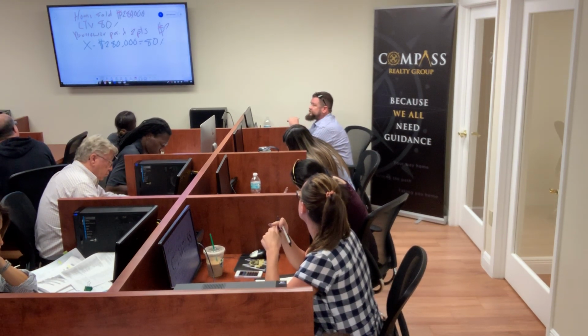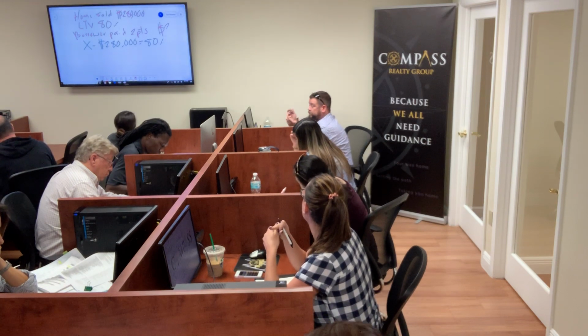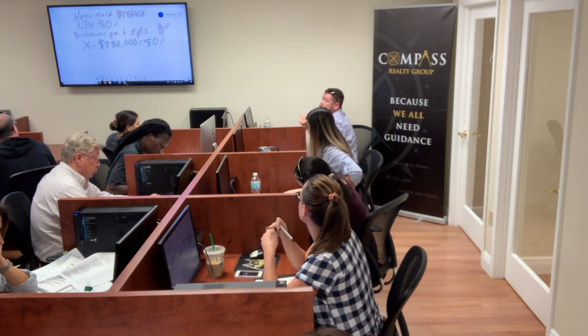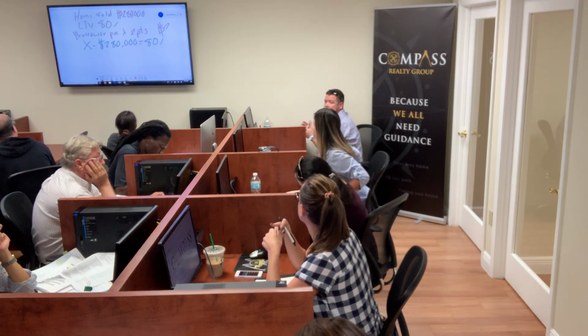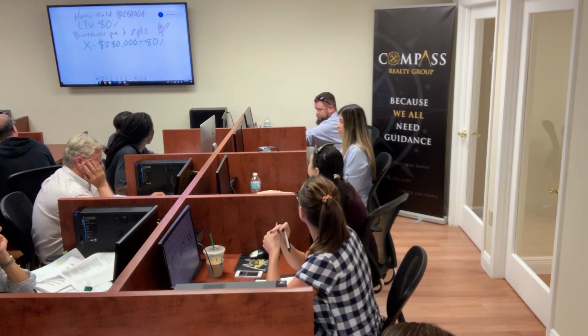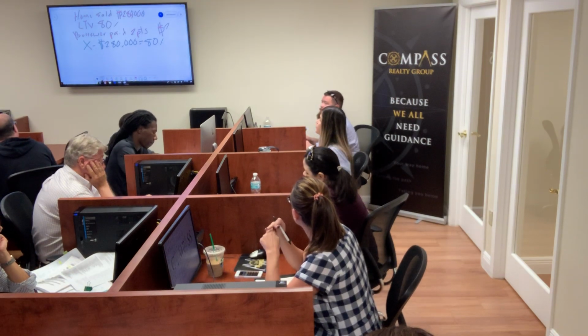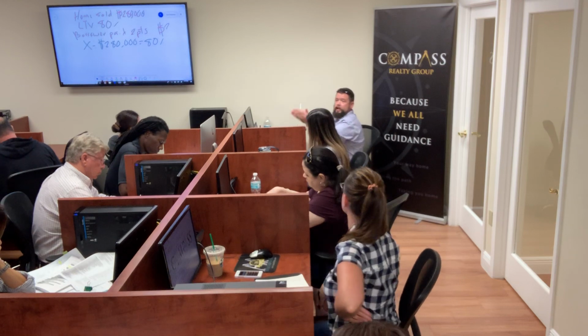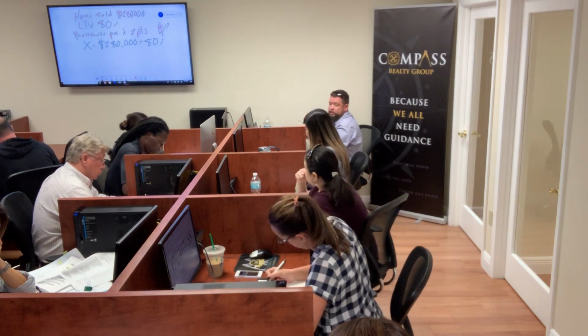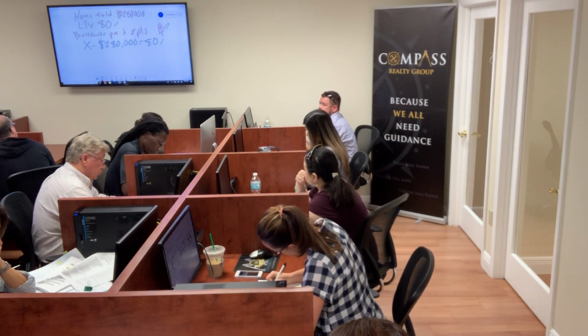How do I find X? I multiply in this case, right? Because if my numbers are to the right of the division, I multiply. If I had the loan and was missing one of the other two, I would have to divide, because the division is going to be between the loan and the other numbers.